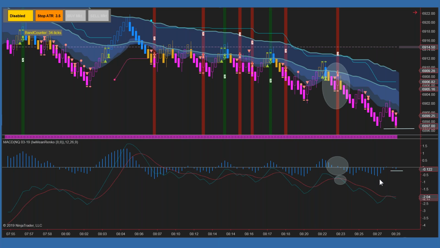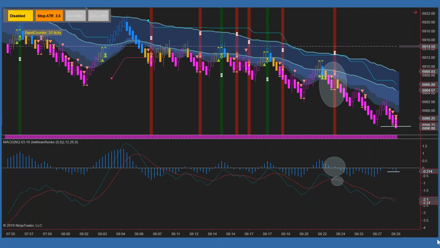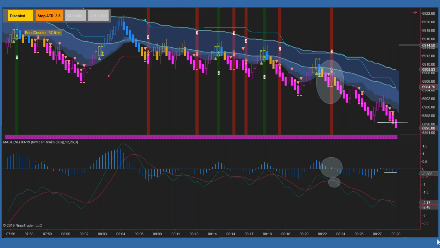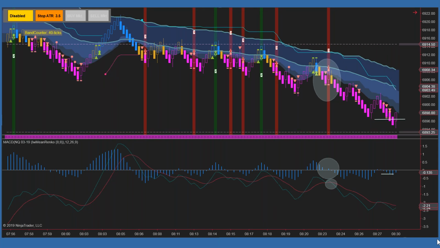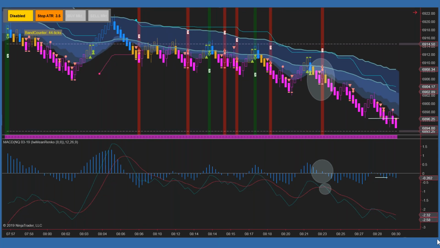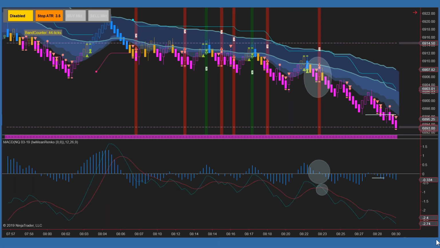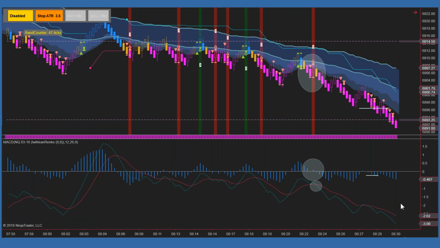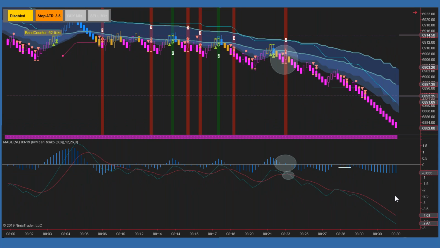So these zero line pullbacks and bounces can be a very good opportunity to get yourself back into the trend if a new trend is in fact developing. And you can see in this case, it worked out quite nicely. It gave you that second opportunity to get in, and the timing was perfect, using that zero line as a trigger point.